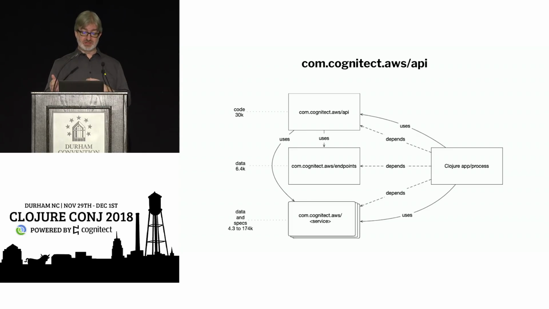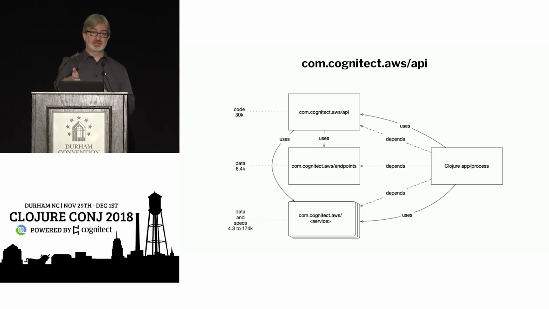But for the most part, you're just using from your application the API, and it uses the other things. So they all have to be there. And you know, we pre-decomplected all these things for you. Maybe it offends you that there's data and specs in the last one, but they actually belong together. They represent the same things.